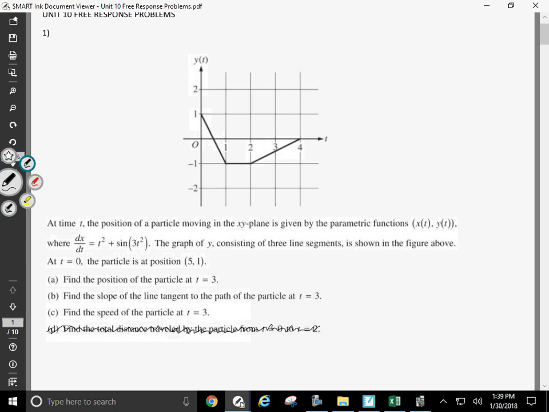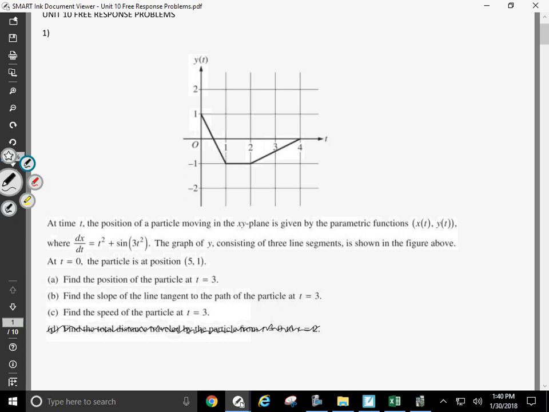It's not x of t. You are given dx dt. That's v of x. Part A, I need an x comma y position.